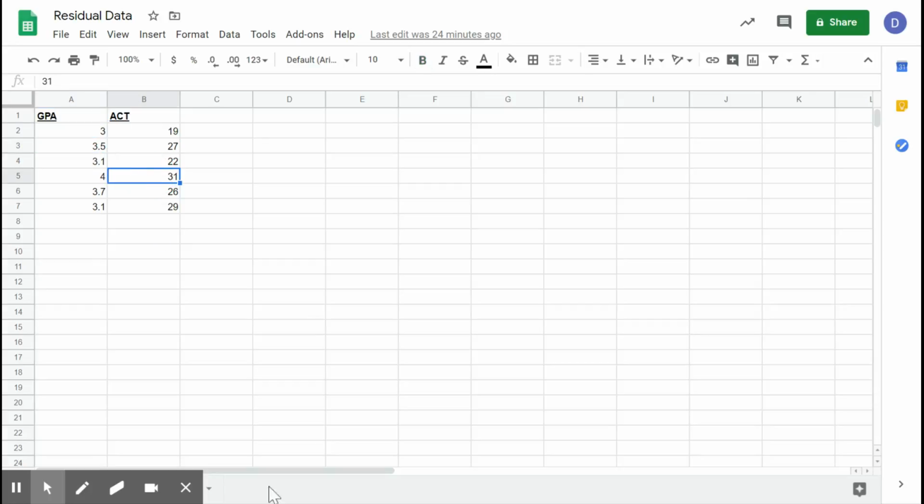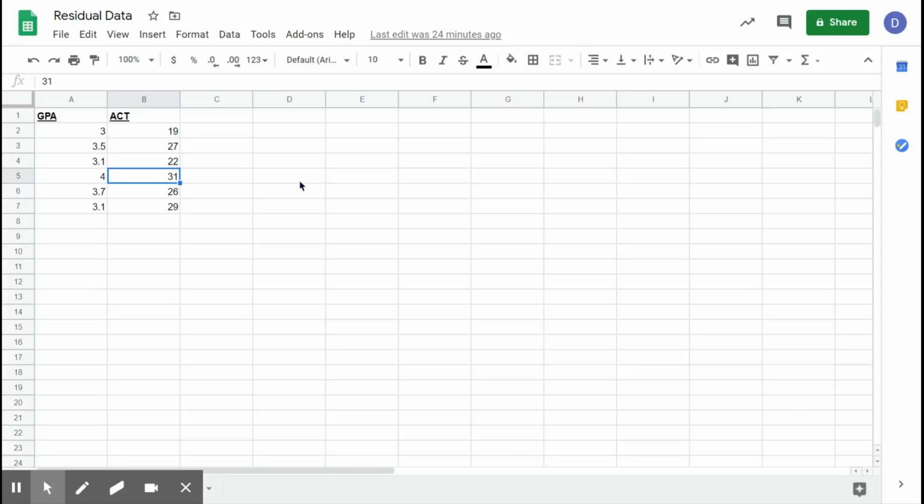Okay, so let's look at some values here, and we're unsurprisingly going to make a scatter plot. So we go stat edit. This is going to be the relationship between a student's GPA and their ACT score.